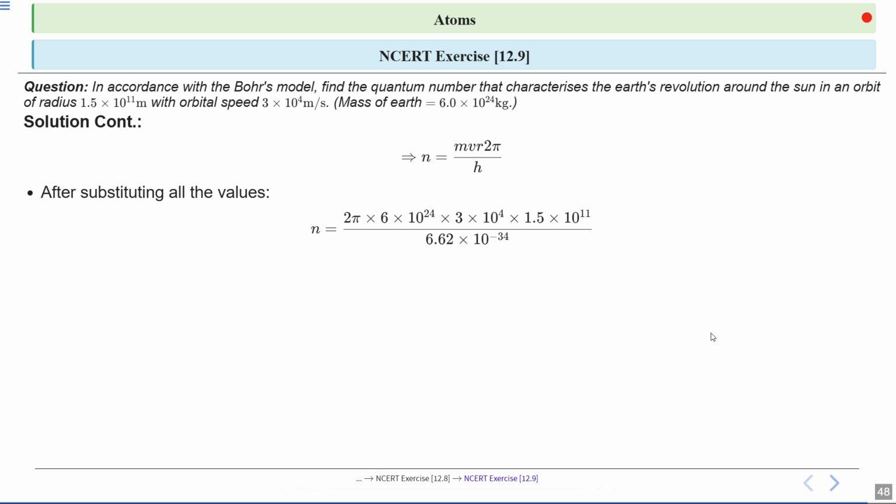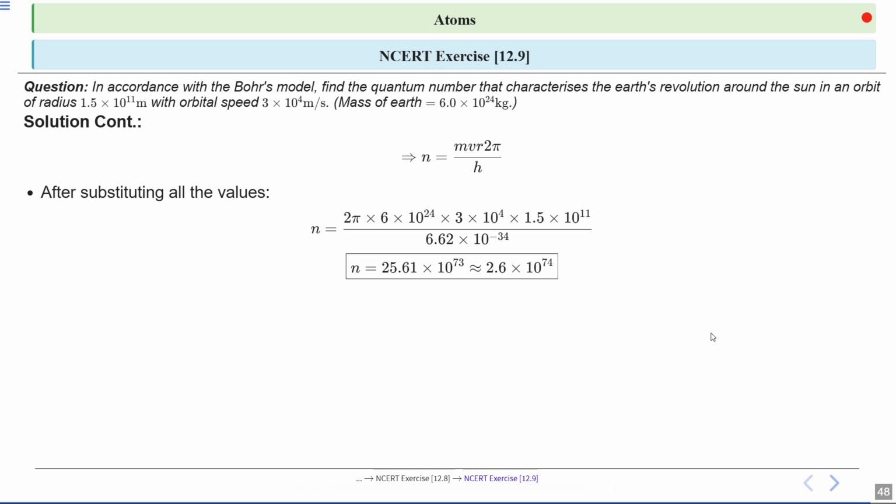So after plugging in the values, we get n equals 2 pi times 6 times 10 to the power 24 times 3 times 10 to the power 4 times 1.5 times 10 to the power 11, all divided by 6.62 times 10 to the power minus 34.